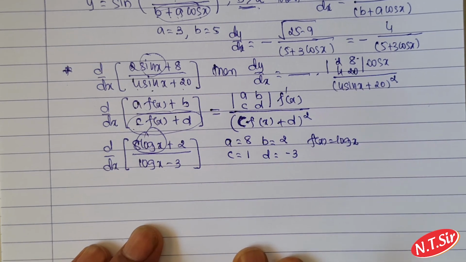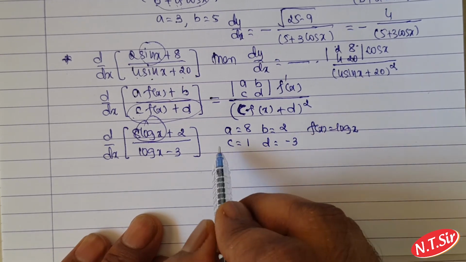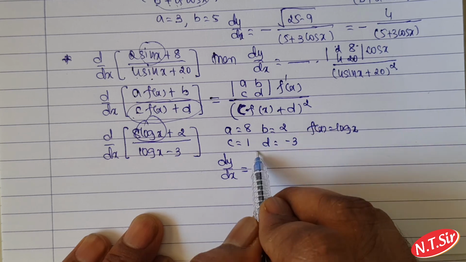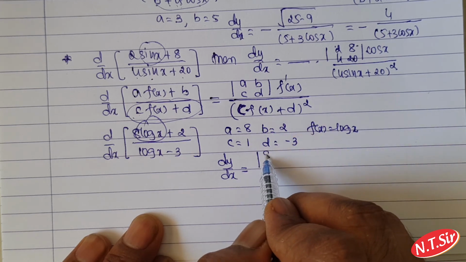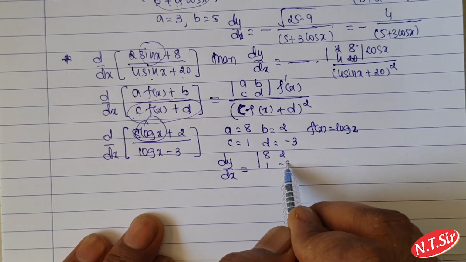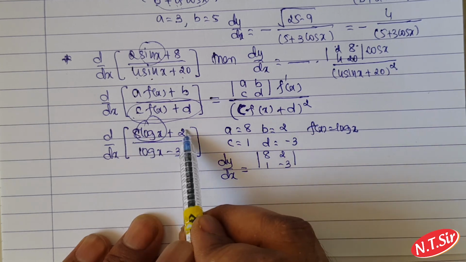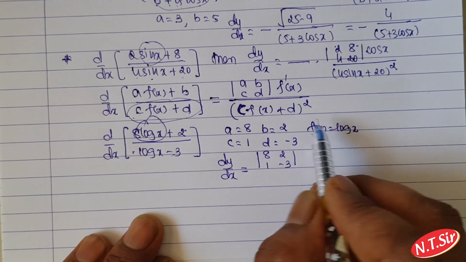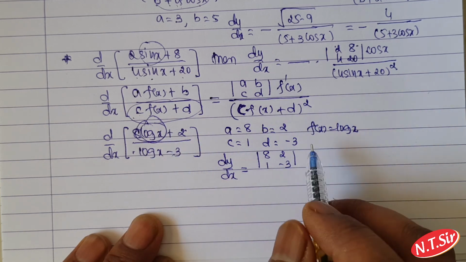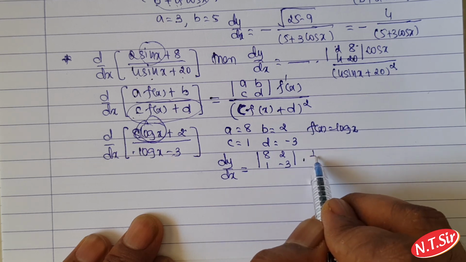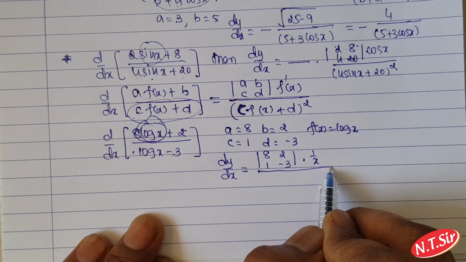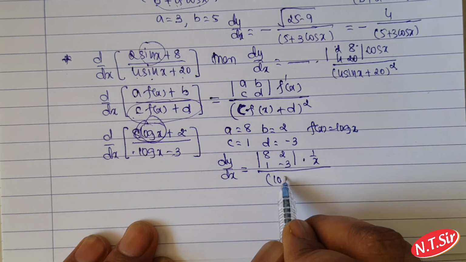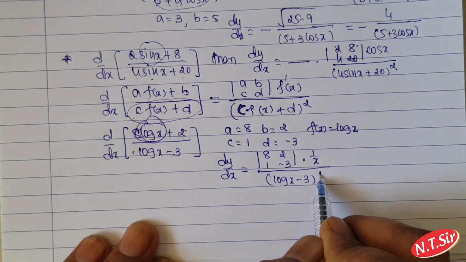So applying the formula, what is our answer? dy by dx is equal to the determinant of a, b, c, d, that is 8, 2, 1, minus 3, into f dash x. f(x) is log x, so f dash x is 1 upon x, whole upon denominator whole square, that is (log x minus 3) whole square.